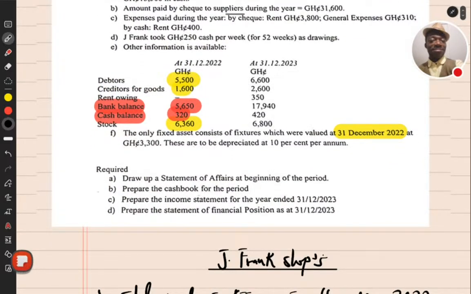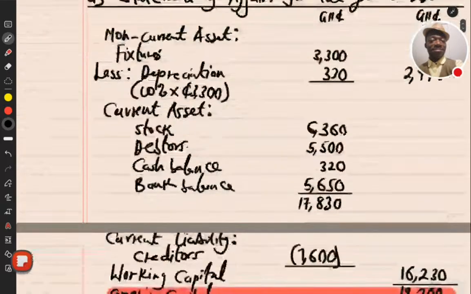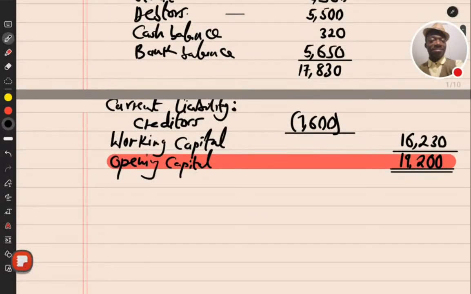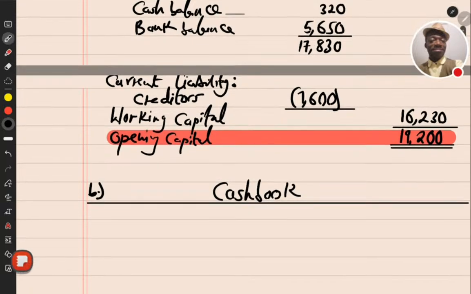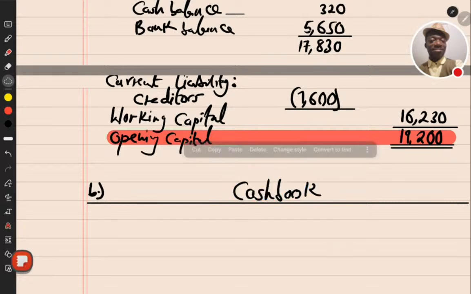So next, we are asked to prepare the cash book for the period. Cash book. So how do we go? It also should be in statement form. So you have a very big horizontal line.